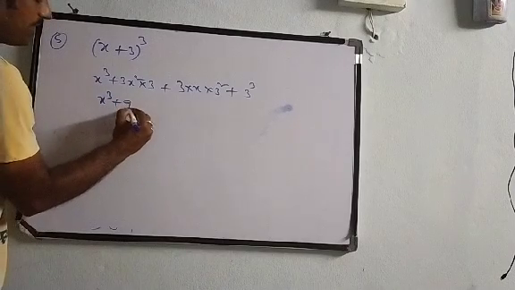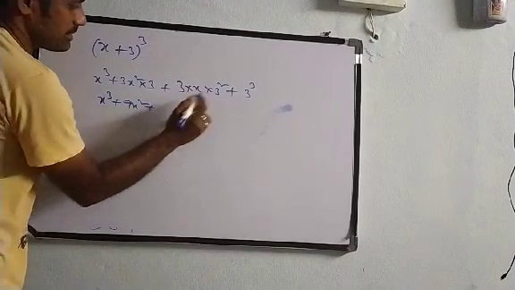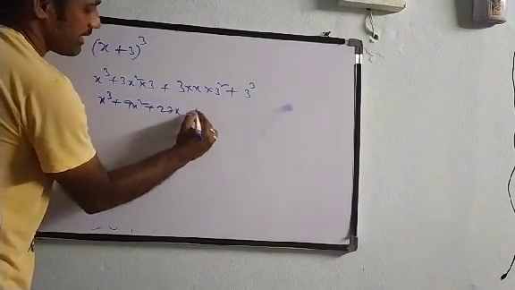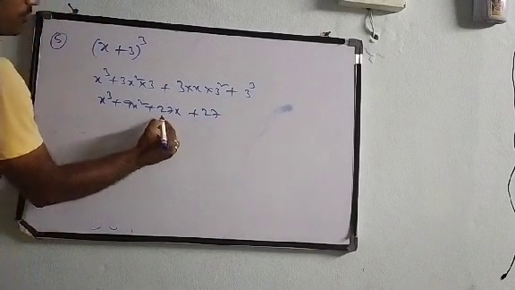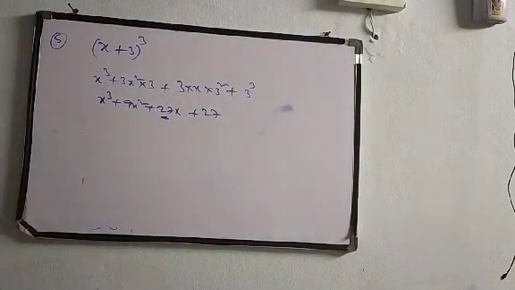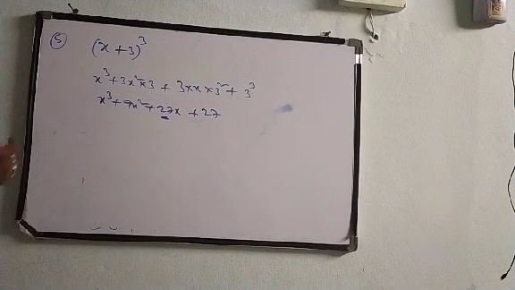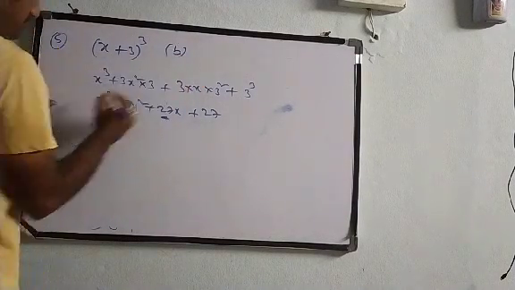So x cube plus 9x square plus 3 square, 9 threes are 27, x plus 27. So the coefficient of x is 27 here. So the fifth one, option B, is correct.